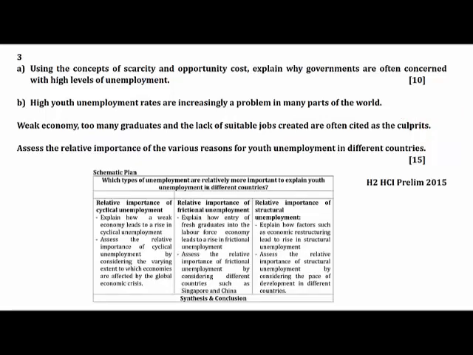Okay, so if you look at these various reasons given, all these actually give you an indication of the different types of unemployment. A weak economy would suggest cyclical unemployment.